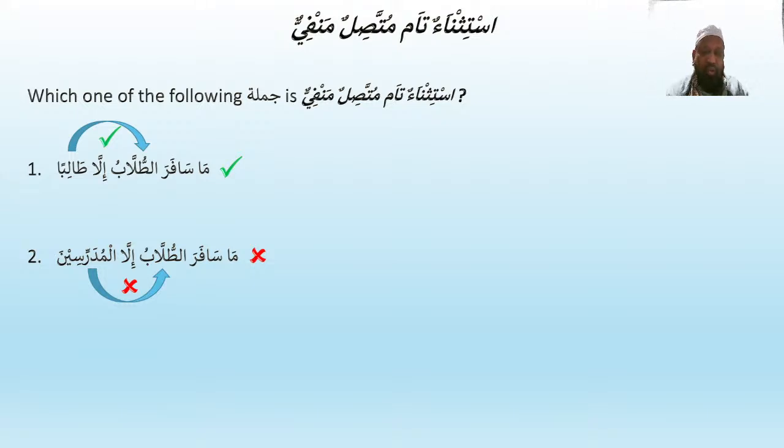In section 3, we're learning everything about al-jumlatul fi'liya. And in section 4, we'll be learning everything about ittiba' or other phrases. Okay, understand now what is istisna tam muttasil manfi?